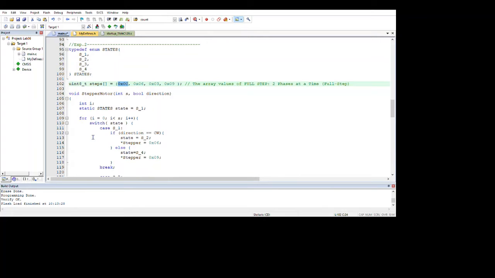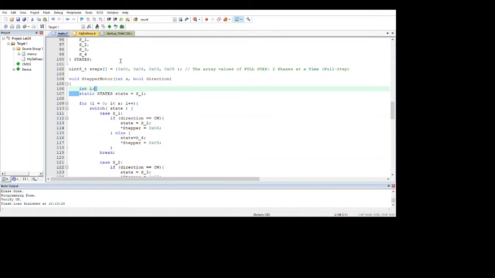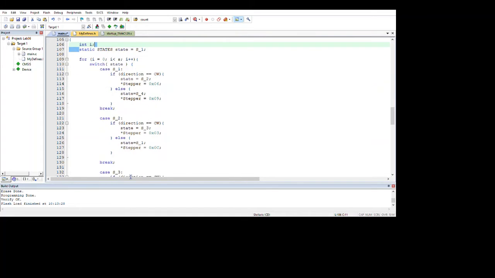And now let's get into the code that we had to interpret using the pseudocode. As you can see, we've created 2 variables: an integer i variable, and a static states variable, which calls back to our structure. Then we have some switch case statements.